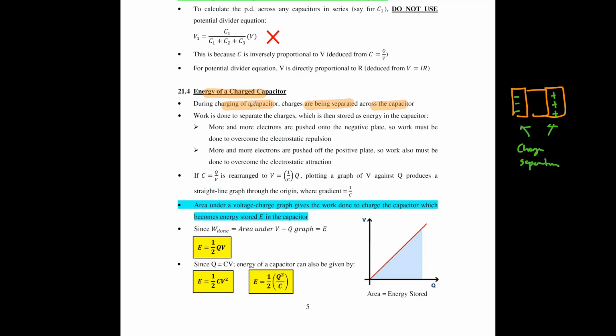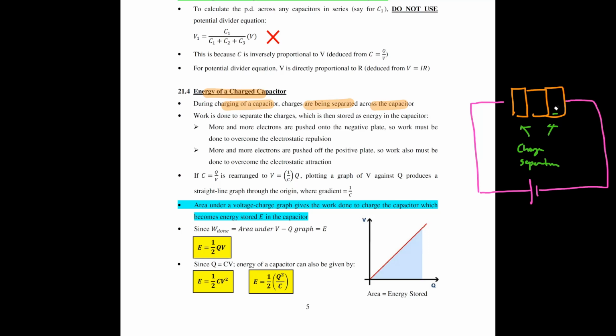When you try to separate the charges, it's due to you pushing your electrons in this manner. Maybe I should switch it around, following the diagram that I gave you earlier, so as not to cause confusion.